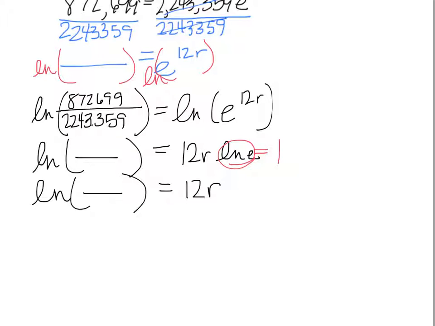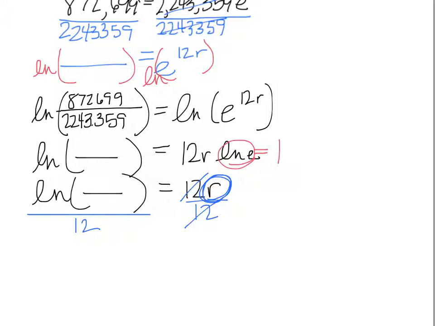How do you get r by itself? We divide both sides by 12. So you divide the ln of that fraction by 12. This will give me r. It gets r by itself because the 12s cancel out. I have r by itself now.